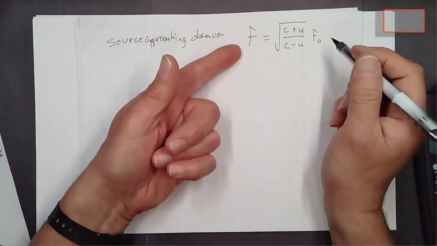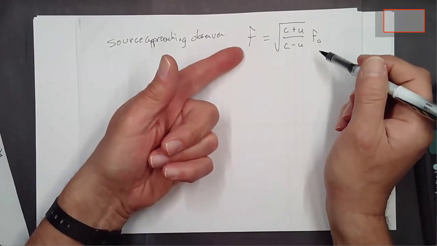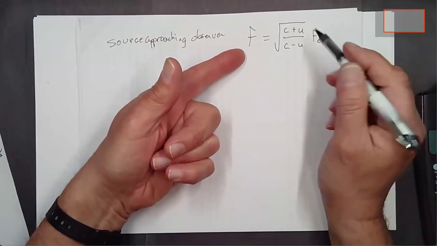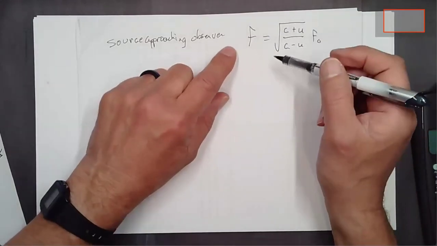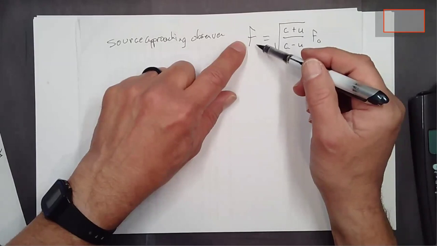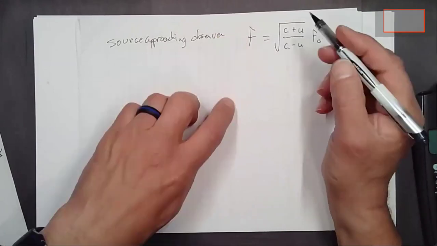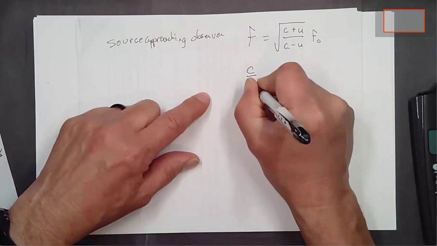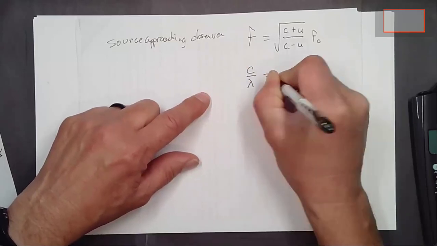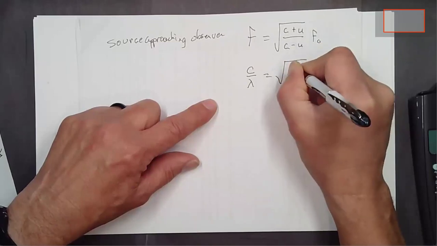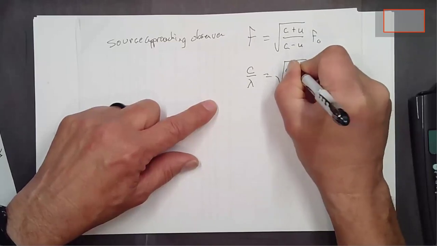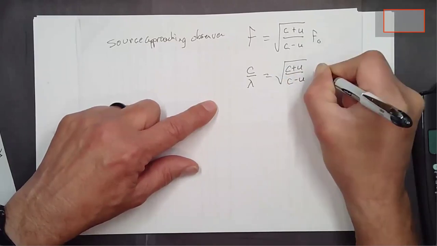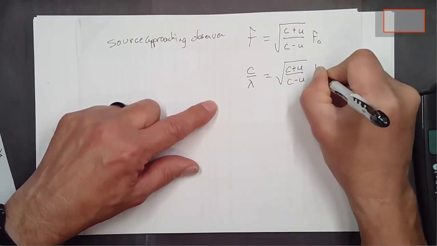Now, we will probably be more interested in the wavelength, and we can get it if we just recognize that the frequency is equal to C divided by the wavelength. So C over lambda would equal the square root of C plus U over C minus U times C over lambda naught.